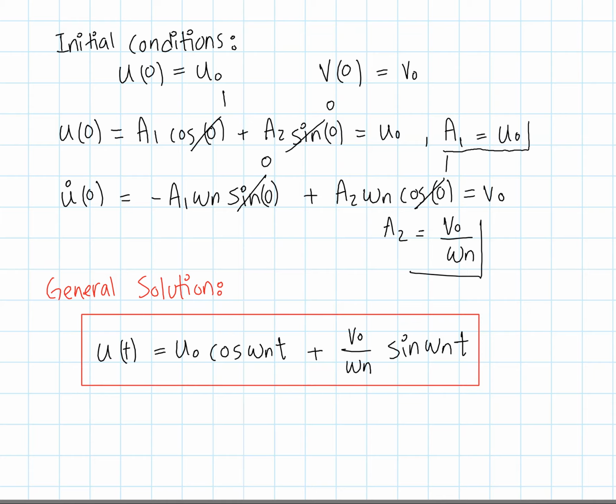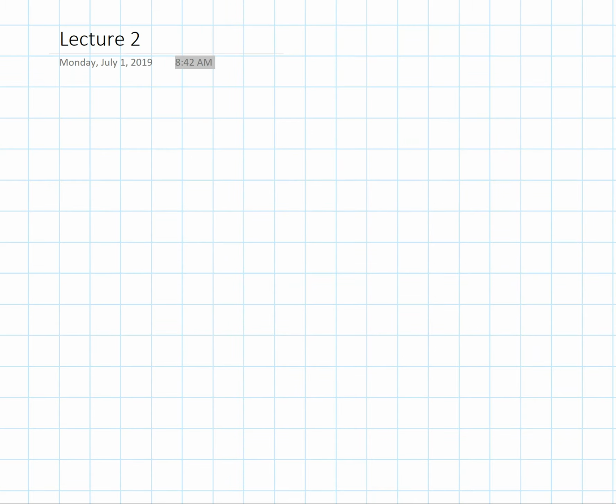Now what if we have damping? So we're interested in the damped equation of motion, and in that equation, if you recall, we had a damping coefficient and the velocity term. So let's see, we have our inertial component, mass times acceleration, plus damping coefficient times velocity, plus stiffness times displacement, is equal to 0.